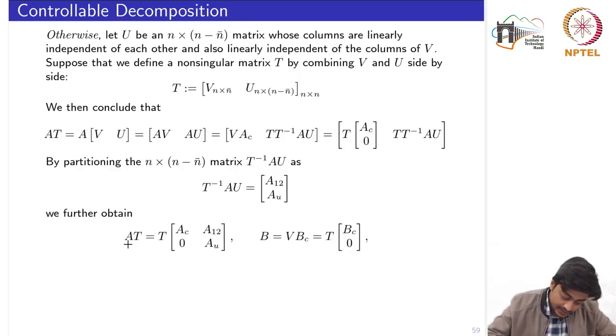So finally I can write my matrix A times T is equal to T taken common from this part, AC 0, and from this one, which is nothing but A12 and AU. So the remaining matrix would be AC 0 and A12 AU. And B, we already have, is V into BC. And similarly, as we have seen here, I can write V BC is equal to T into BC 0.